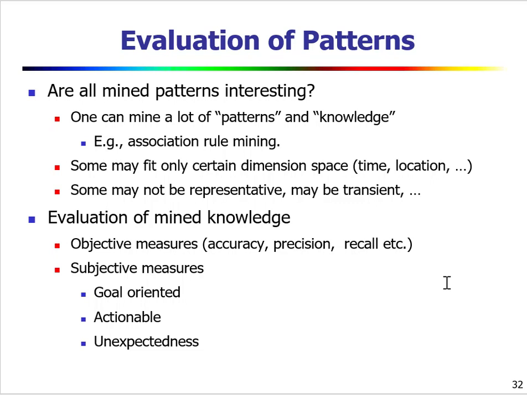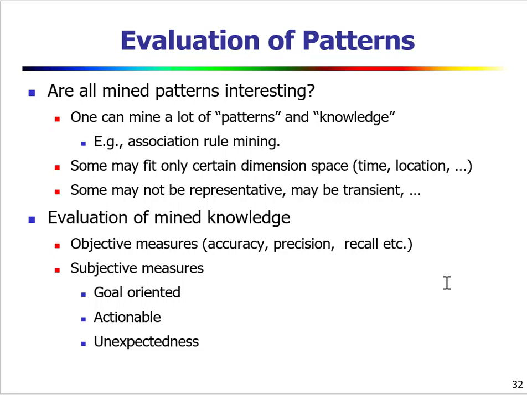Not only may some rules not be useful, even those useful rules may also have some constraints. Some rules may fit only certain dimensional spaces. Some other rules may not be representative or robust enough to apply anytime.